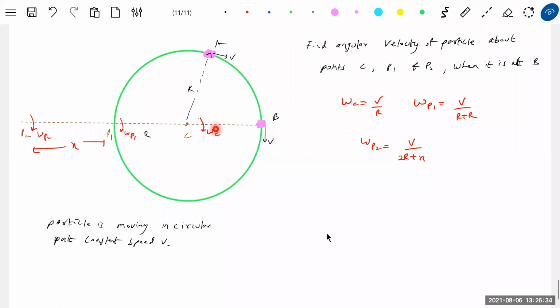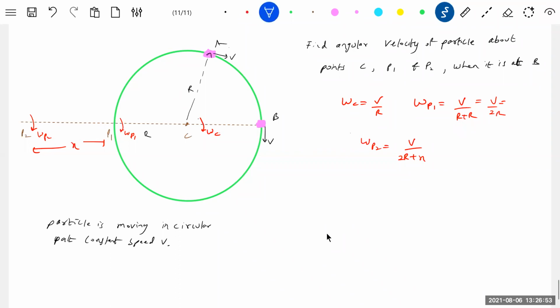So if a particle moves in a circular path with constant speed v about its center, what will be the angular velocity about any point on the circumference? It will be v by 2r. If v by r is omega C, about any point on the circumference it becomes half of that.